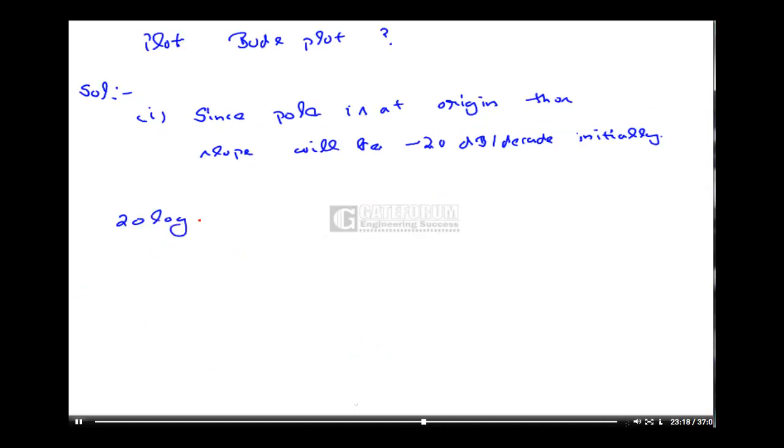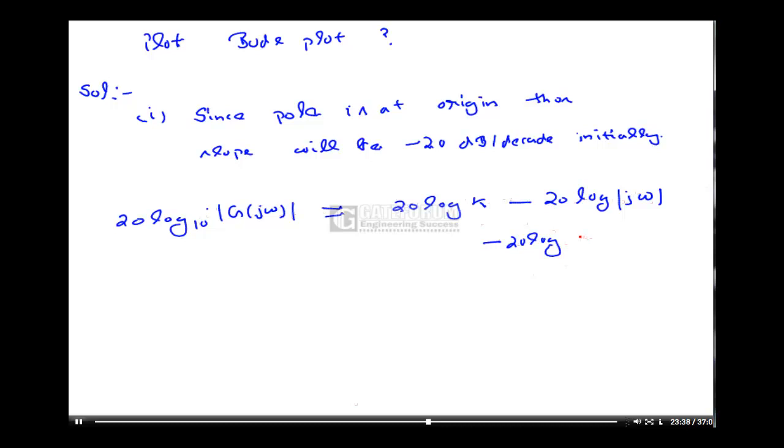Let's see this. 20 log K minus 20 log of j omega minus 20 log of (j omega T plus 1). Okay, so this is my function.